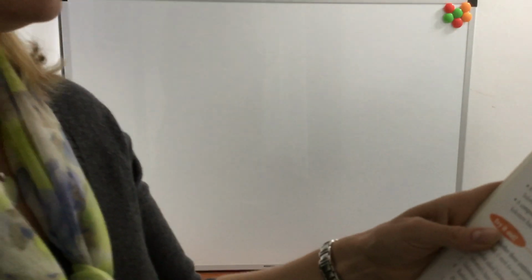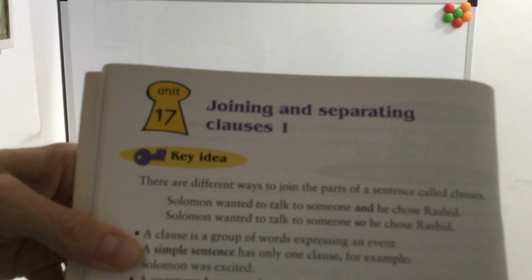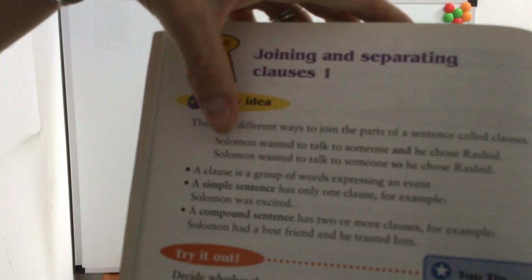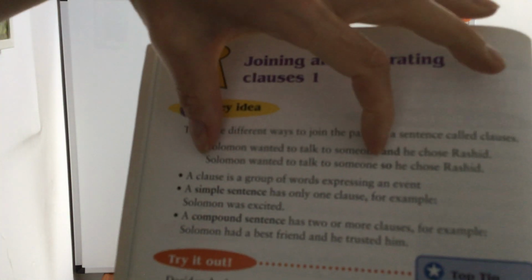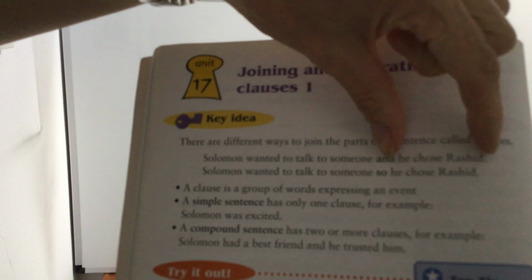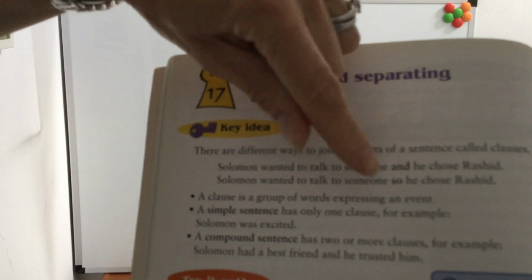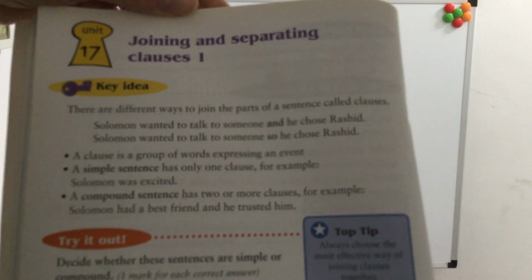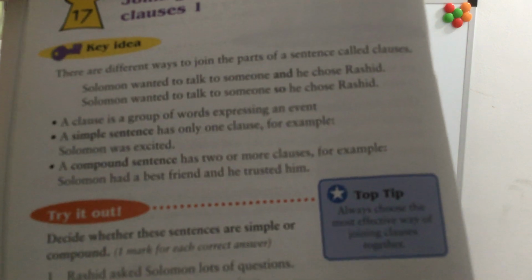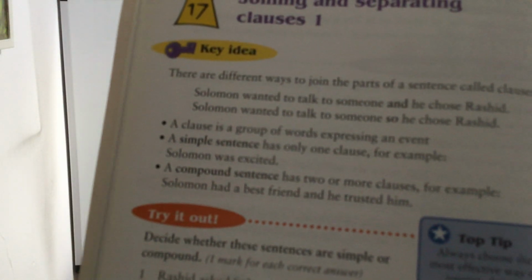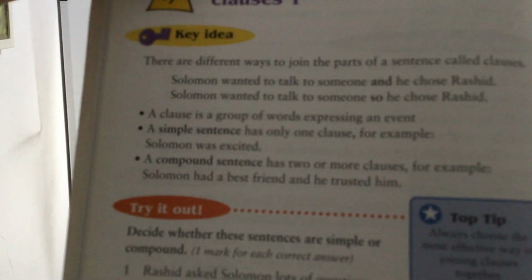So here we have it. Joining and separating clauses. Okay, there are different ways to join parts of a sentence called clauses. Solomon wanted to talk to someone, this is one clause, and he chose Rashid. Solomon wanted to talk to someone, so he chose Rashid. At the moment, you should be thinking about fanboys: for, and, nor, but, or, yet, so.